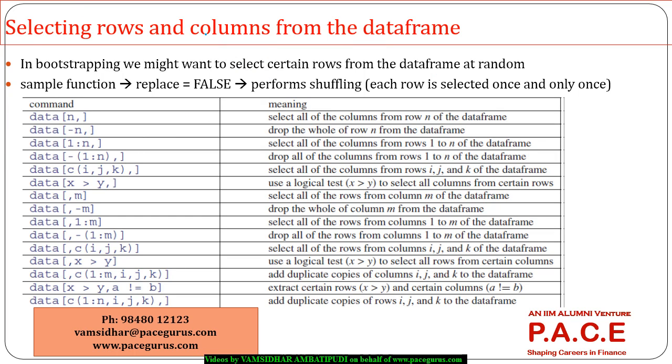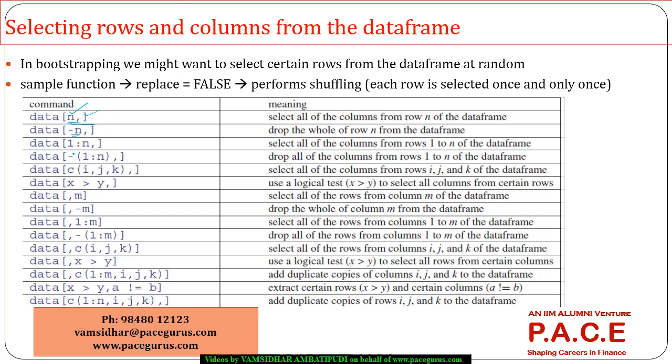So a few of the forms here: when I set n comma, it means the nth row, all columns. The other way is if I set minus n, it means all the other rows except the nth row, and you get all the columns.